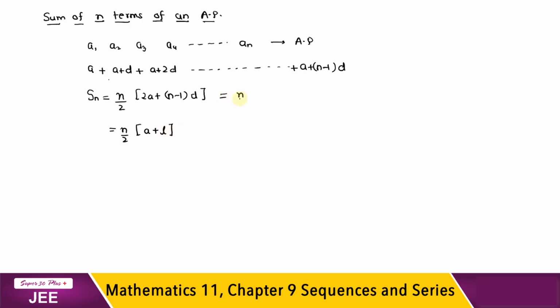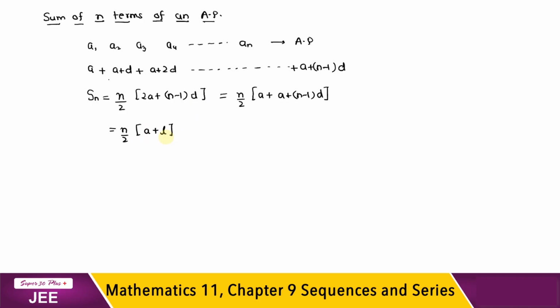Because I can write it as n by 2 a plus n minus 1 into D. I have written 2a as a plus a. So this becomes the nth term or the general term or the last term of this sequence, which I have represented with the letter L. So the formula is n by 2 2a plus n minus 1 into D, or n by 2 a plus L, where L stands for last term.